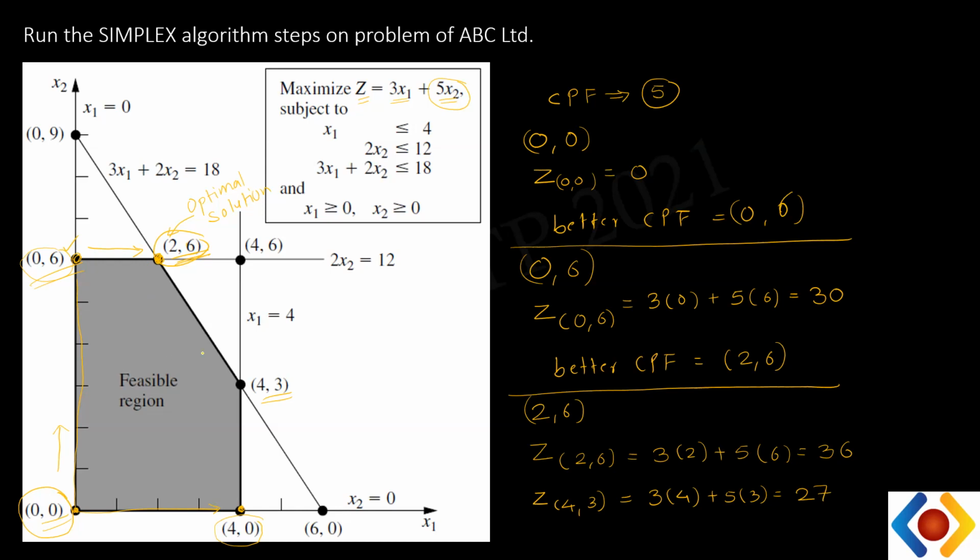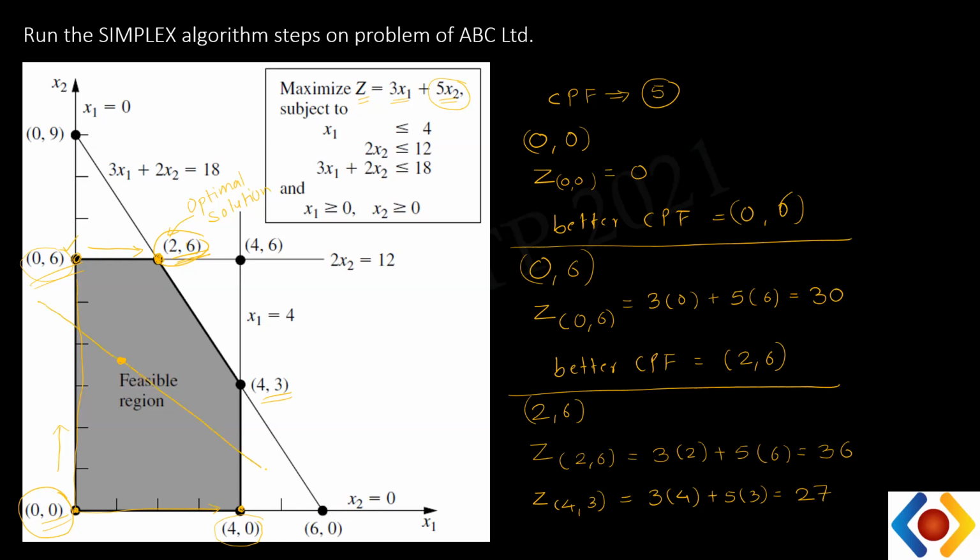Why are you convinced about the reason why we are doing that? Because, let's say I select this point, and I know my profit function is something like this.